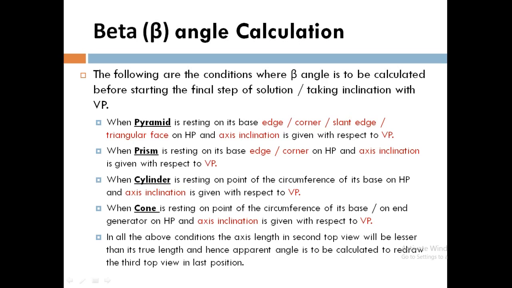I'll take up a few examples to show why we need to calculate the beta angle. Also you need to remember that the beta angle will always be greater than the given angle. It means when you calculate the beta angle, it will always be greater than the given angle in the problem.